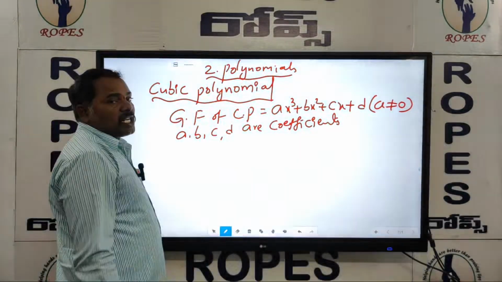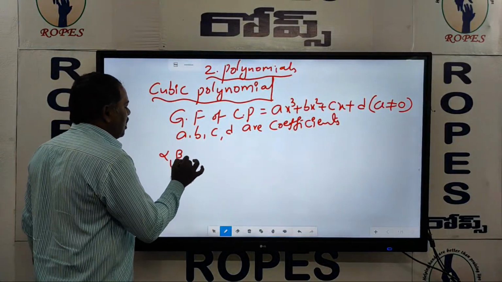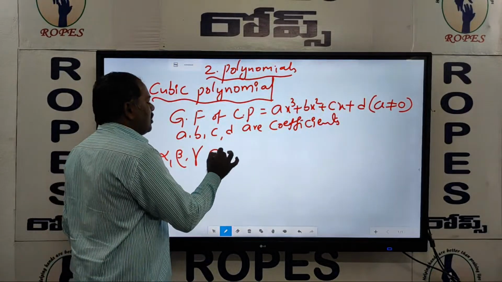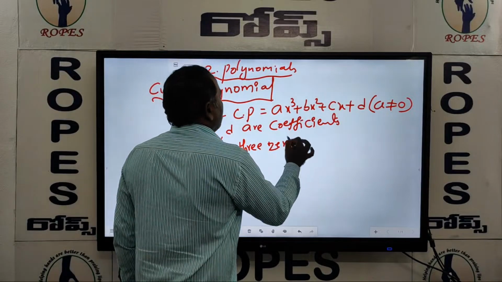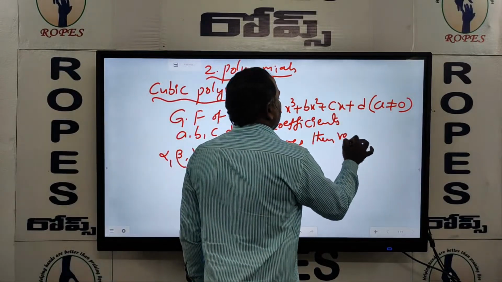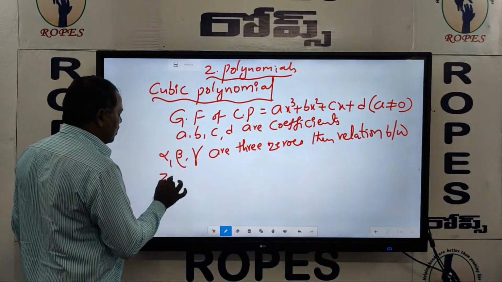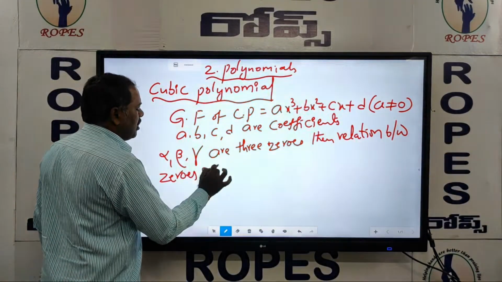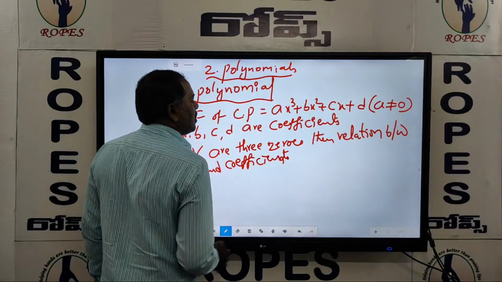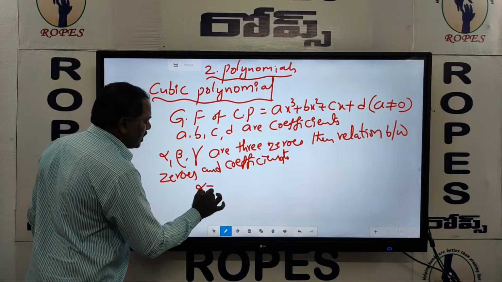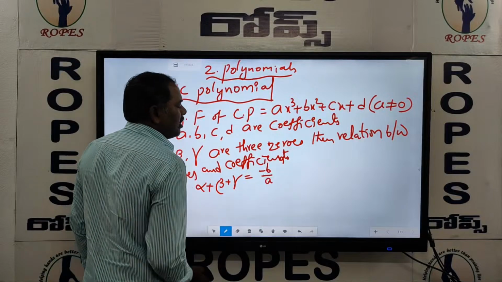Now see here, the relation. If alpha, beta and gamma are three zeros, then the relation between zeros and coefficients: alpha plus beta plus gamma is equal to minus b by a.